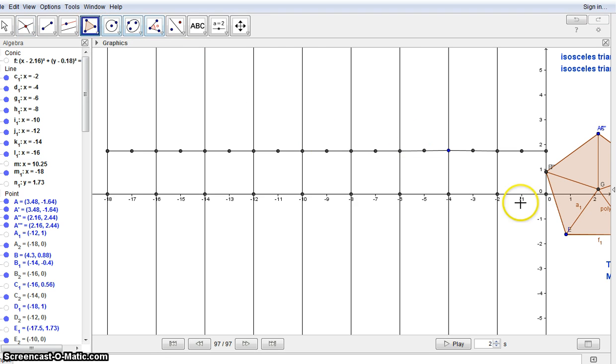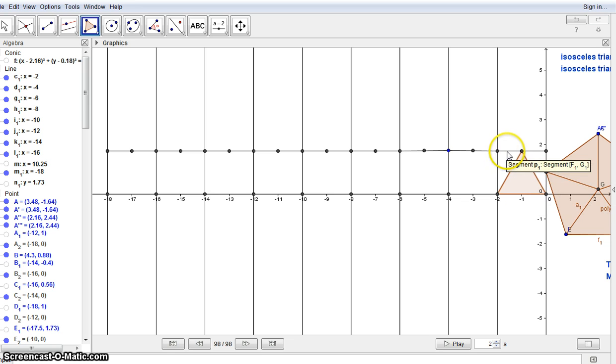So let's see. I have an intersection point of the x and y axis here at the origin.